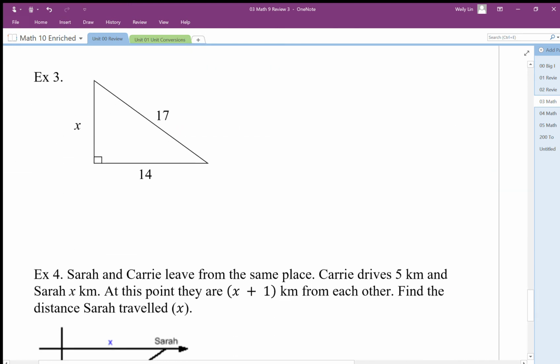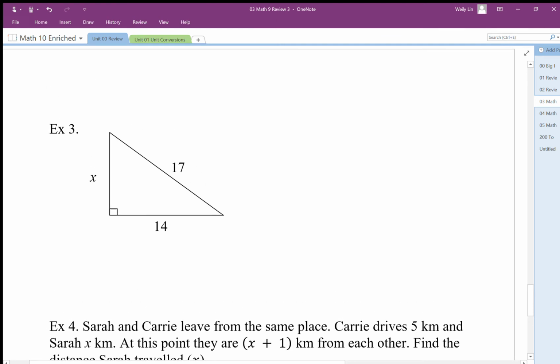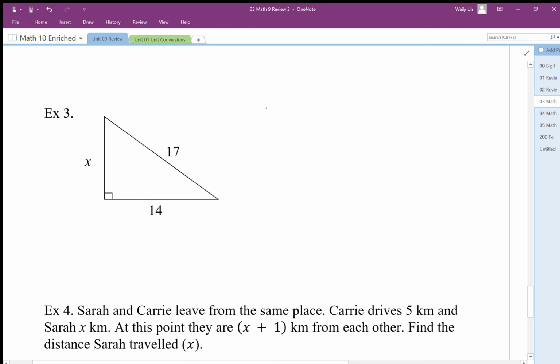Here we have the same thing. We don't always have to draw the squares, but we know we're solving for the shorter side. So we can set this up as x squared plus 14 squared equals 17 squared. Then solving for x squared, we take 17 squared minus 14 squared.